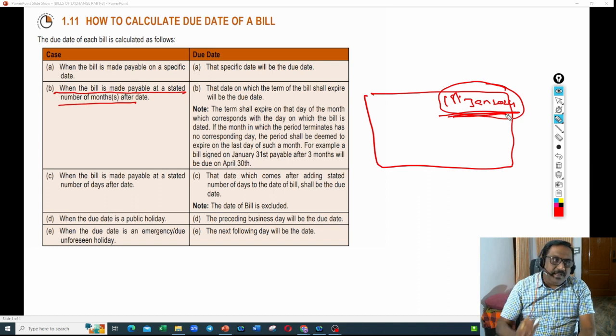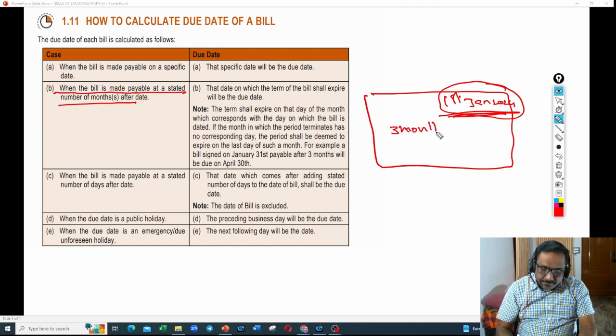any months are given. For example, when the bill is made payable at a stated number of months. 1st January 2024, we said the bill amount has to be paid in 3 months after the date.